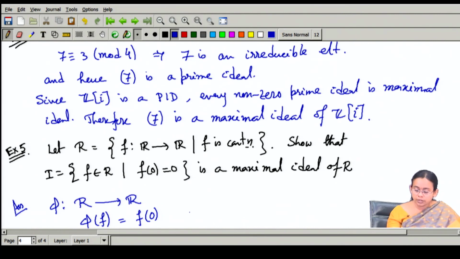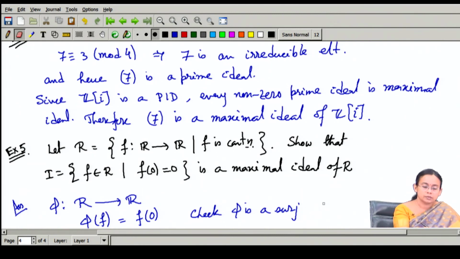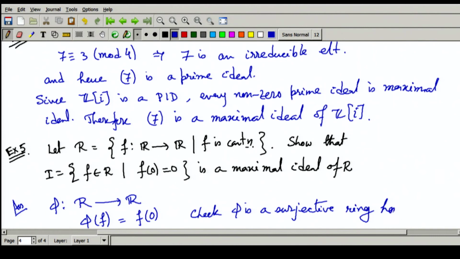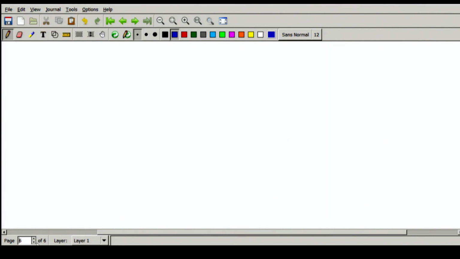Now, it is not difficult to check that phi is a surjective ring homomorphism.